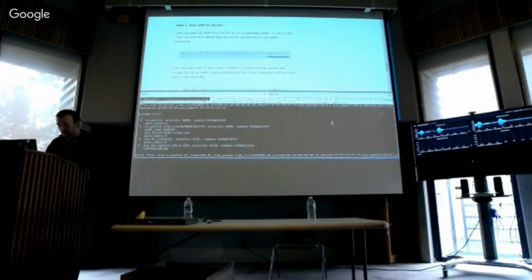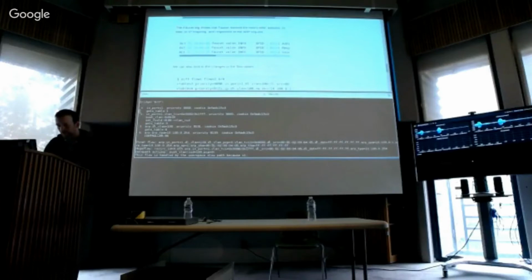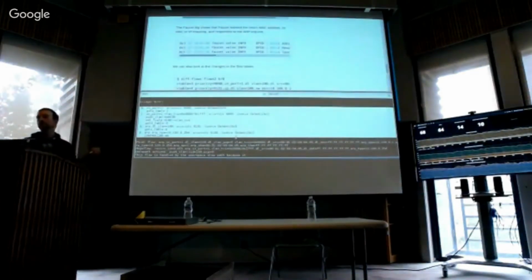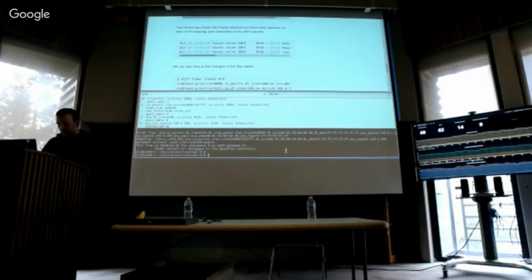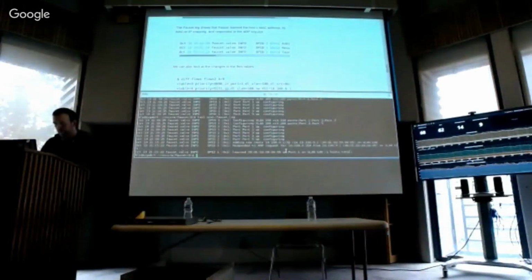So what we can see here is that it goes through all the tables and eventually just gets sent to the controller. So that makes sense. The controller is going to be doing the ARP processing internally. So let's see what we see in the Faucet log as a result.